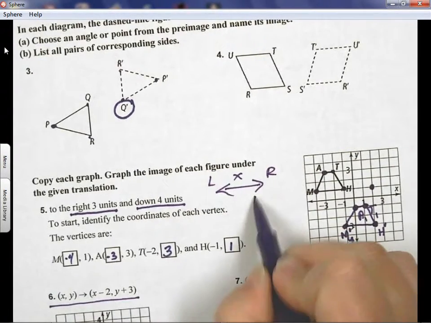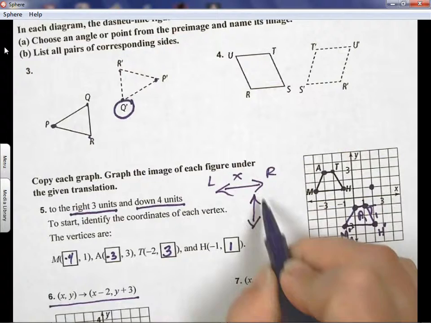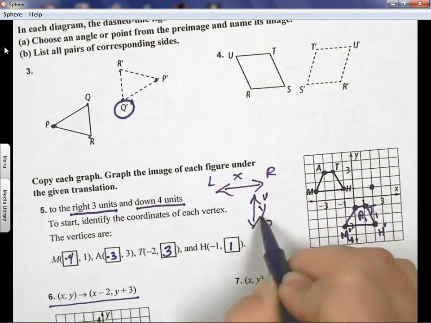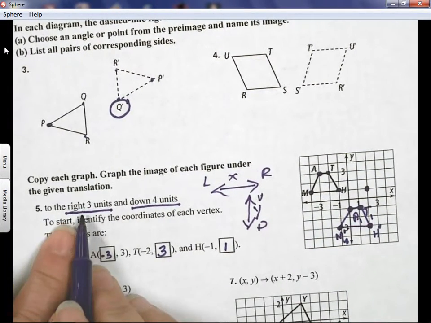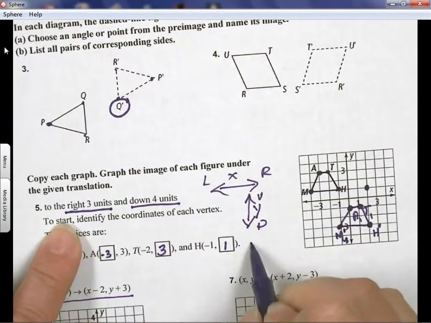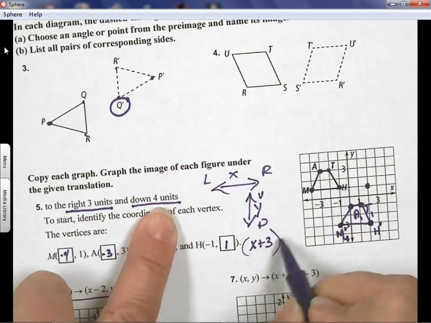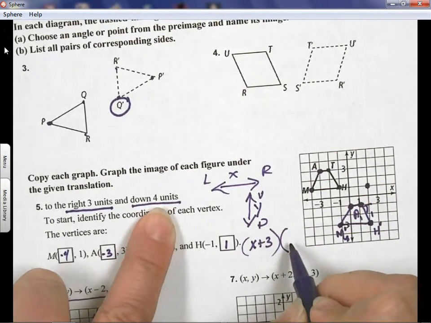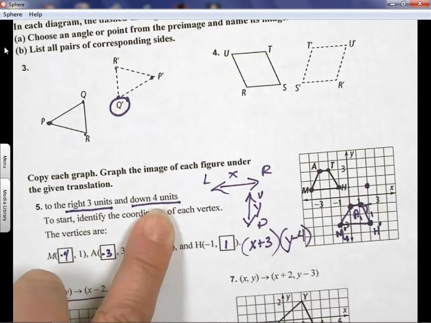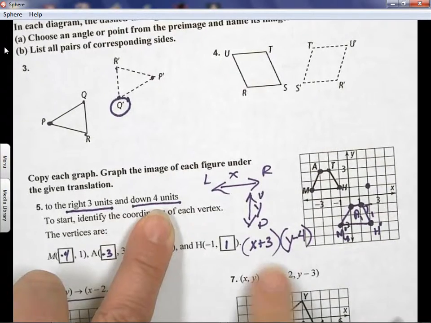Up and down is my y value. So if I'm going to the right 3 units, I'm going to add 3 on my x. If I'm going down 4 units, I'm going to subtract 4 units from my y. And this would be the rule.